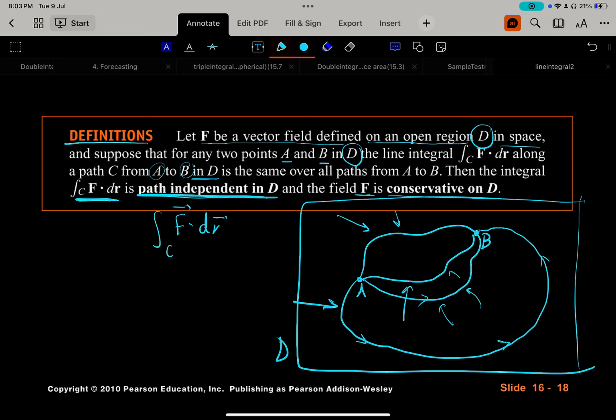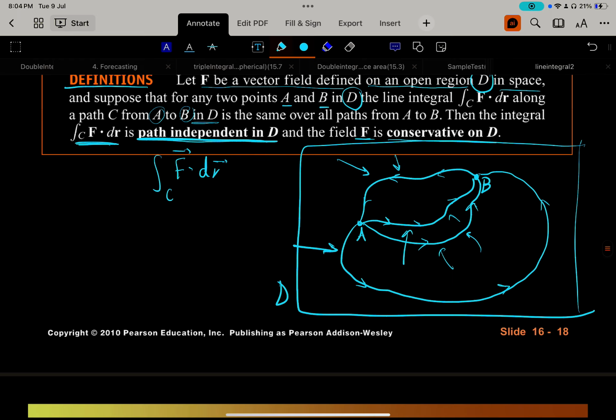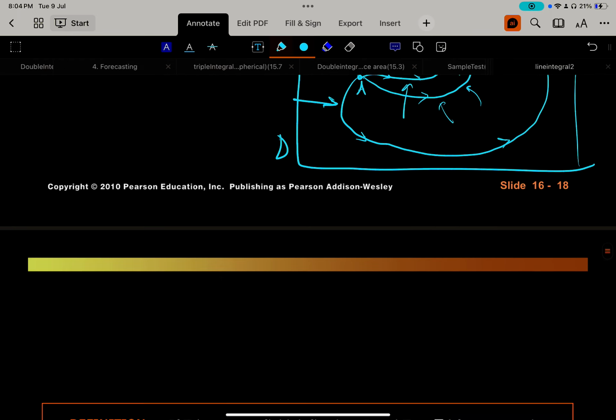For any path, if we have the same line integral, then we say it's path independent and F is conservative.